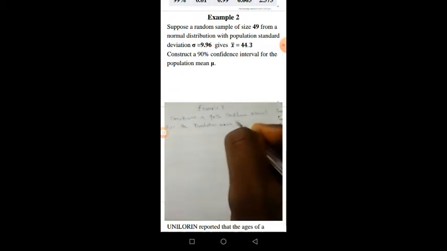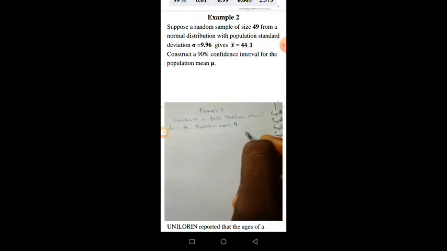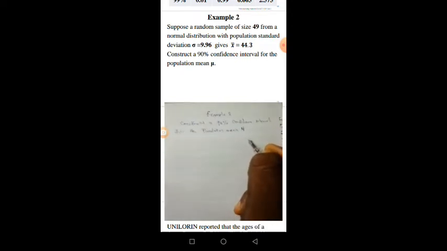If you watched the video on confidence interval estimates, you find out that to calculate your confidence interval, you have to use this formula.